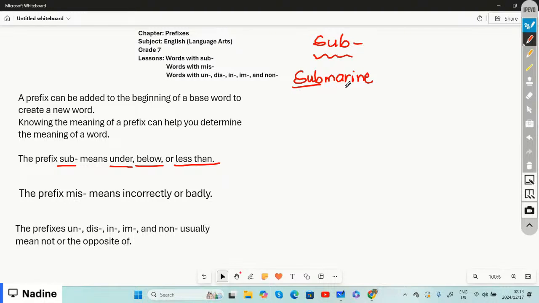We said subtract, it's to minus or it's less than something.